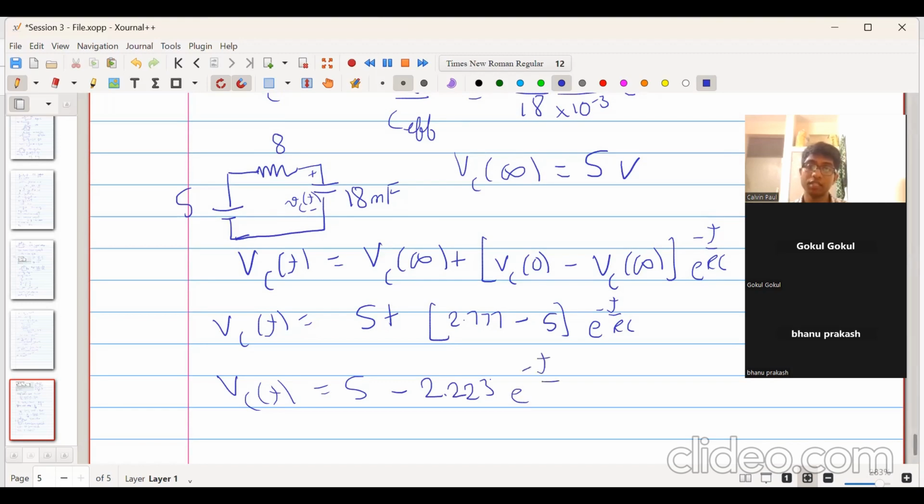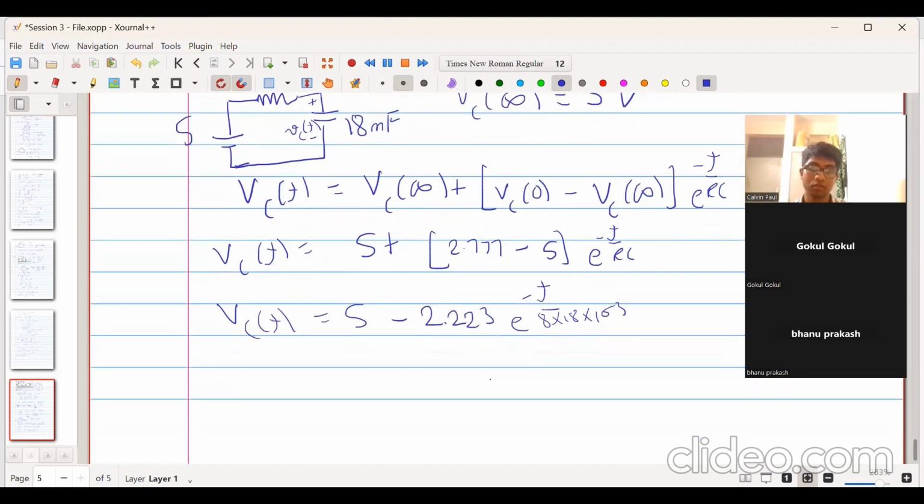So what is t upon RC? What is 8 into 18 into 10 to the power minus 3? 0.144.